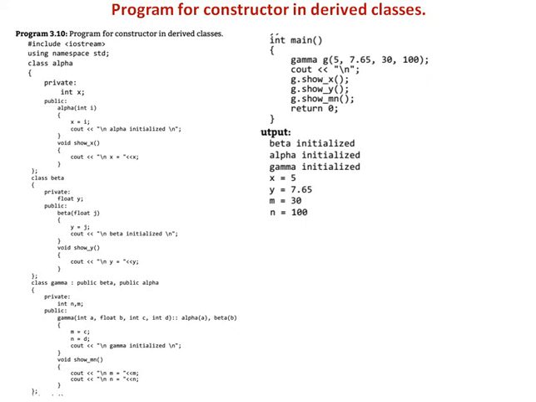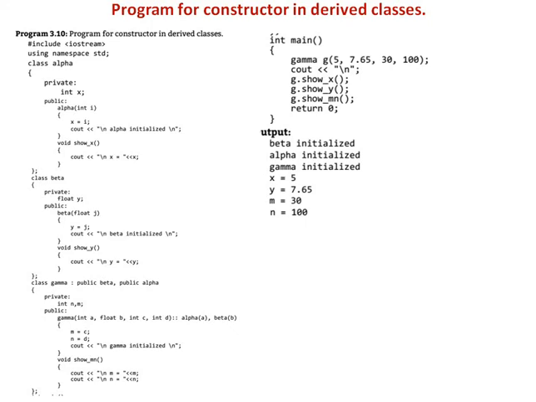You remember that whenever you are using a constructor in a derived class, at that time the base class constructor is executed first, and then the constructor of the derived class is executed.